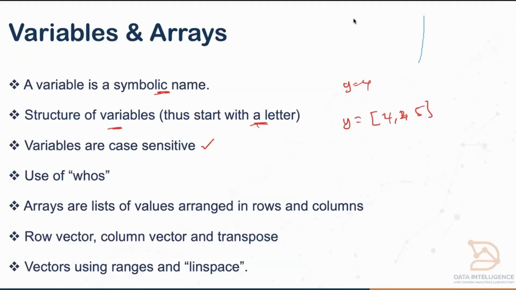And again, from our algebra class, we know that this vector, because they are in a row, there's only one row with multiple columns. This gives us a row vector. However, 4, 2, 5 has multiple rows, but a single column. This gives us a column vector. It's always the case.